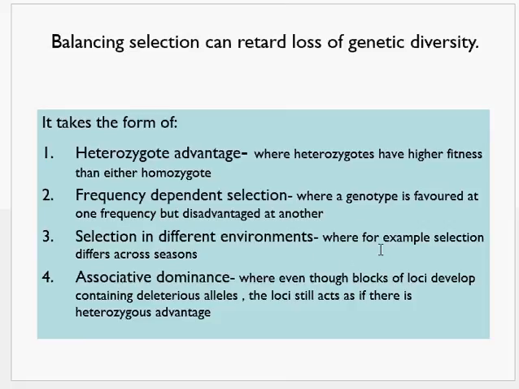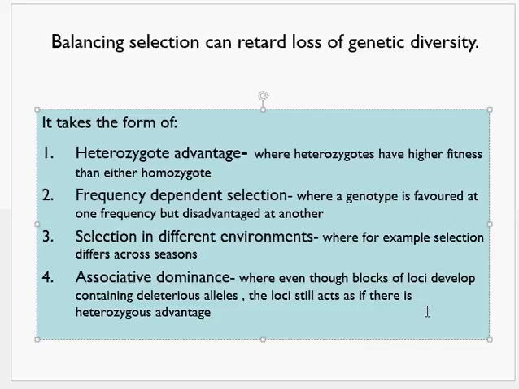And finally, we would have associative dominance, where even though there are blocks of loci containing deleterious alleles, the effects of those loci with deleterious alleles are masked because those blocks are associated with other alleles which are not deleterious.